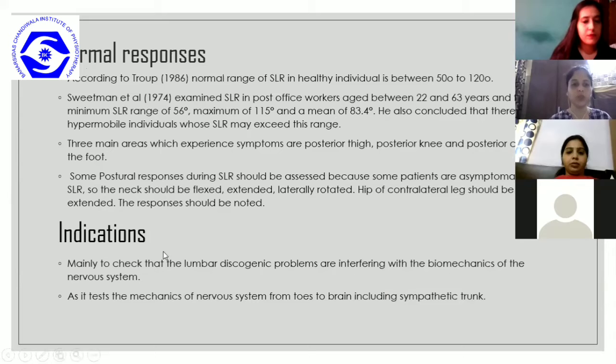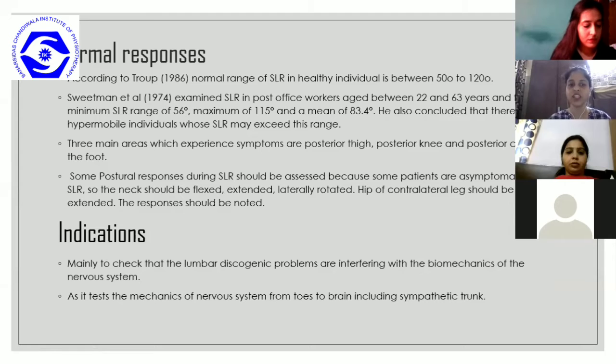These are the normal responses which were seen. The normal range is between 50 and 120. In the study by Sweetman et al., the SLR was recognized as a test. Workers between 22 and 63 years of age were taken.